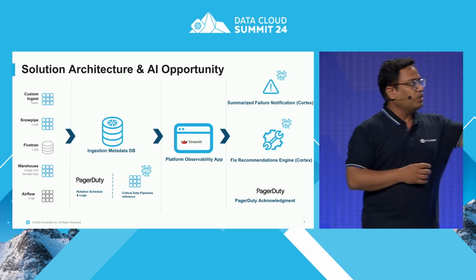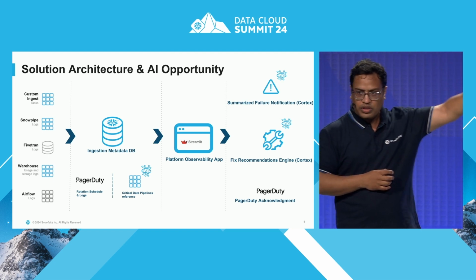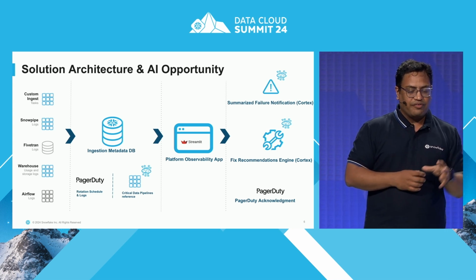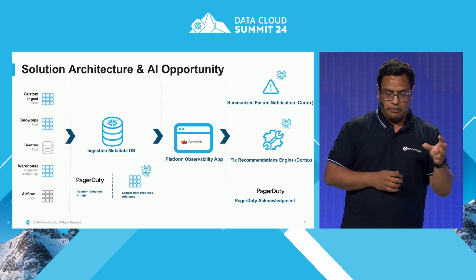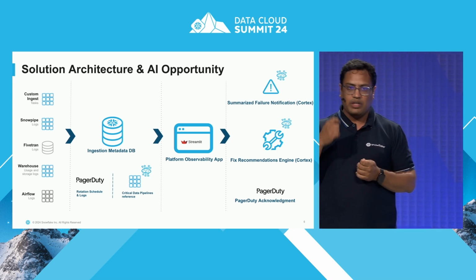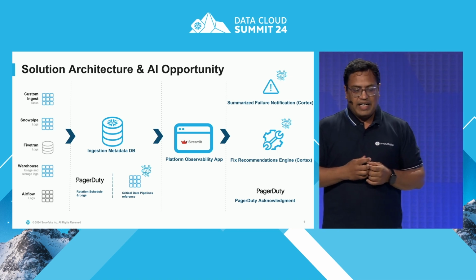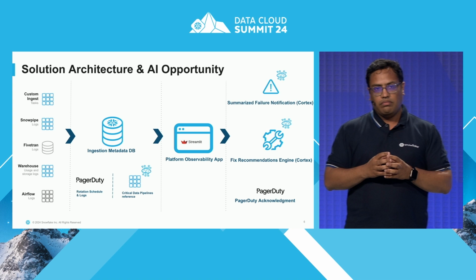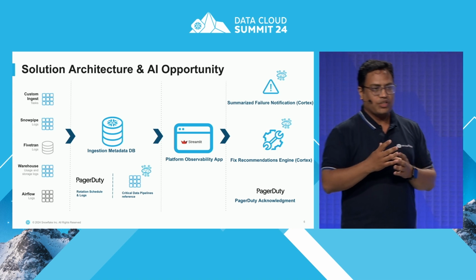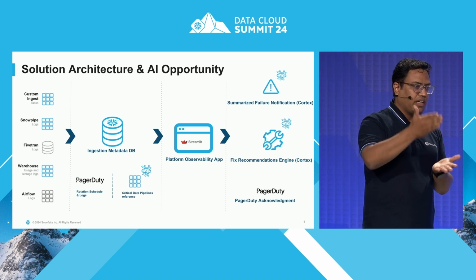What we did, we took the logs from each of these ecosystems, added that with our own PagerDuty that we use for anyone who is on call or receiving critical alerts, and created an ML model which was analyzing which job is critical and which is not.